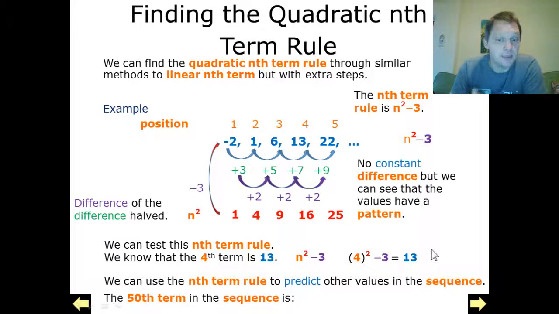I could use it to find the 50th term in my sequence. If I substitute 50 into my quadratic nth-term rule, underneath my 50th term would be 2,497.